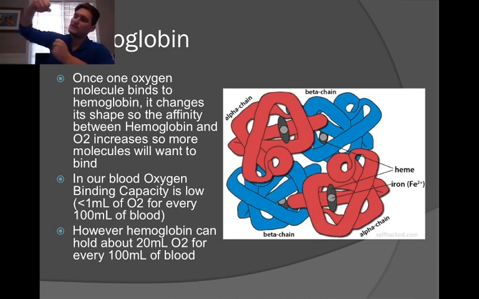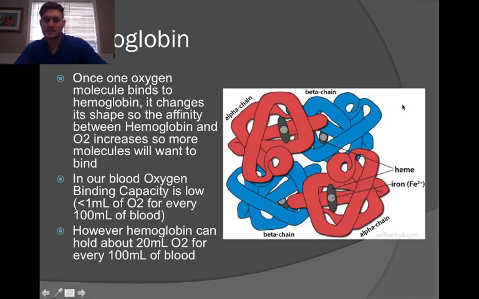And so once the oxygen binds to that iron, the histidines are going to sort of lock into place and change the shape of the hemoglobin. And since this is a protein, a long chain of amino acids, once that change occurs in one of these subgroups, it's going to change the structure of the whole entire protein. And by doing that, we increase the affinity for more oxygen molecules to bind.